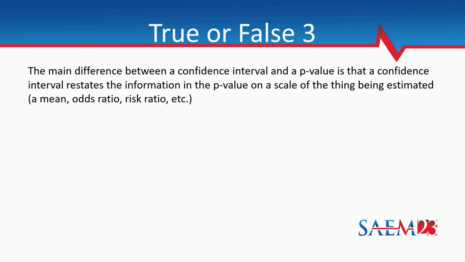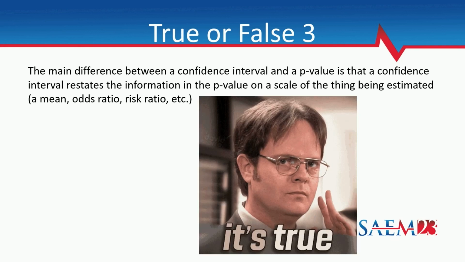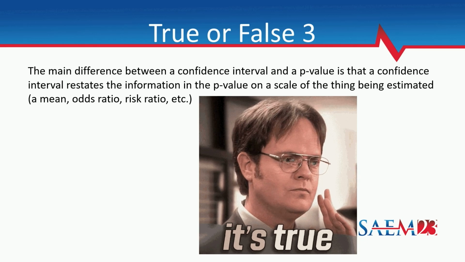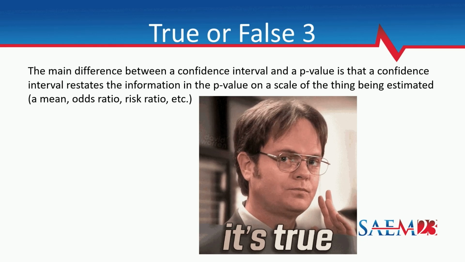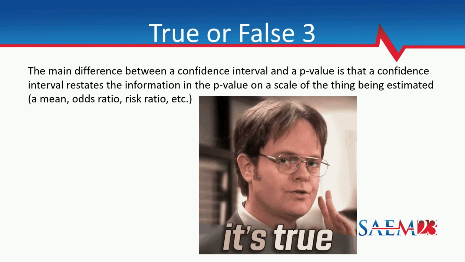All right, who thinks this is true? Main difference between a confidence interval and p-value is that a confidence interval restates the information, the p-value, on a scale of the thing being estimated, where the thing being estimated could be one of these various things. Could be a mean, could be an odds ratio, could be a risk ratio. Who says true? No one. It is true. That is fundamentally the difference. So it is a measure of uncertainty.